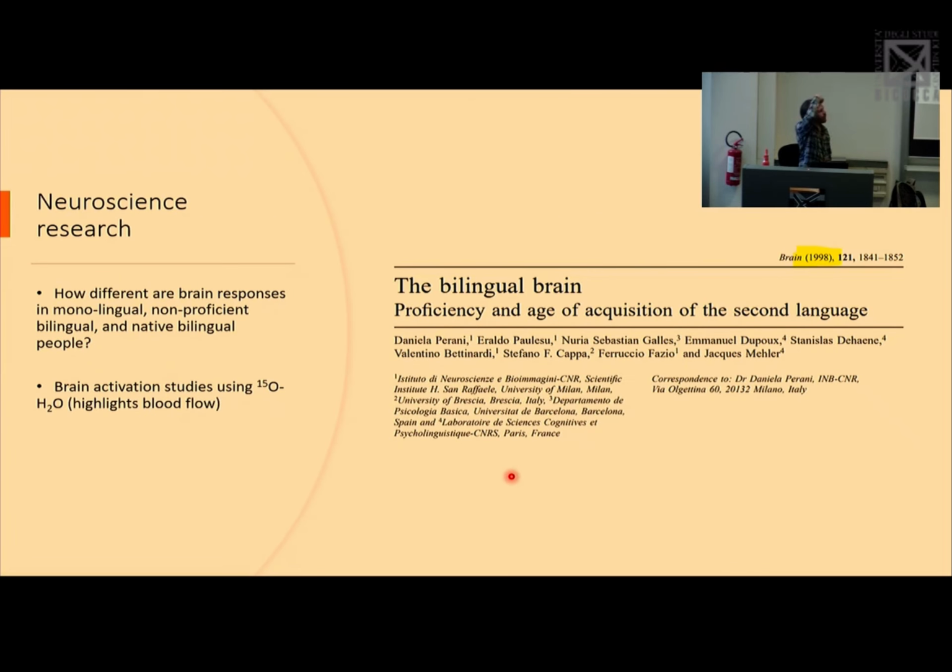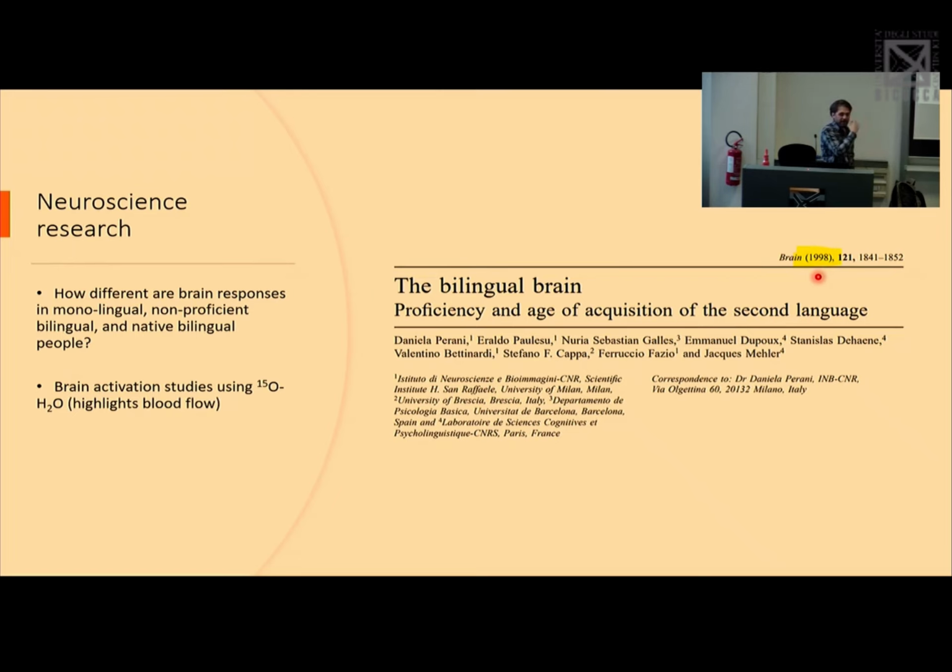Now, for this reason, PET and nuclear medicine has been super interesting also for research, not only for diagnosis. Like this is a paper from 1998.